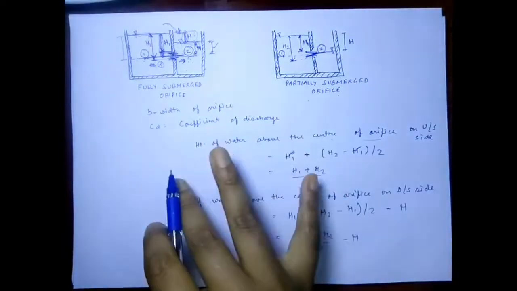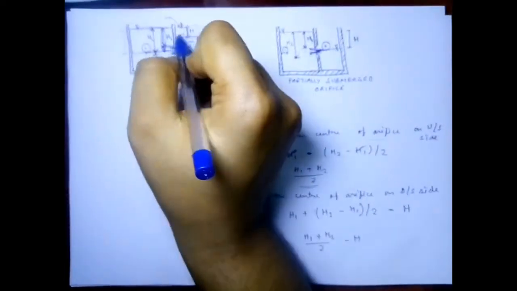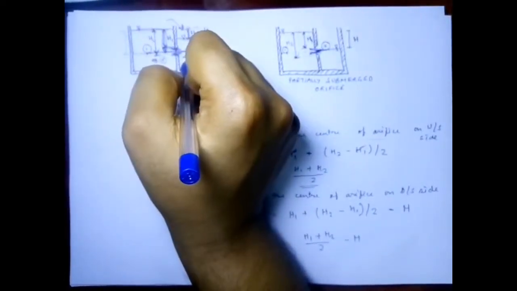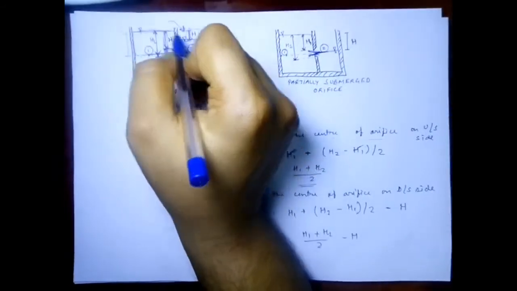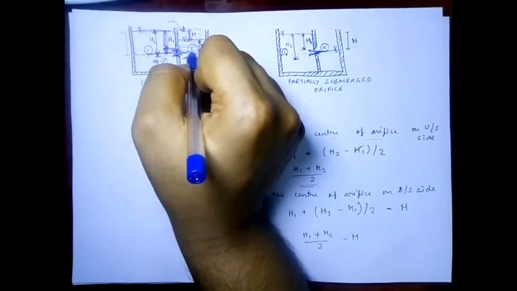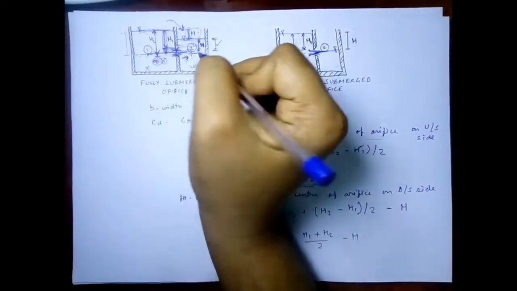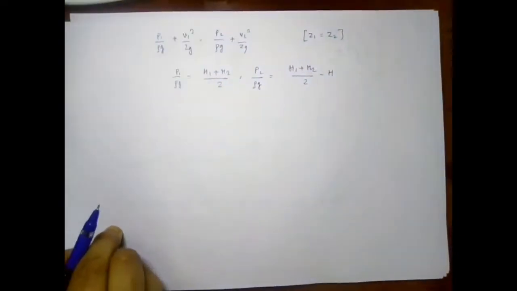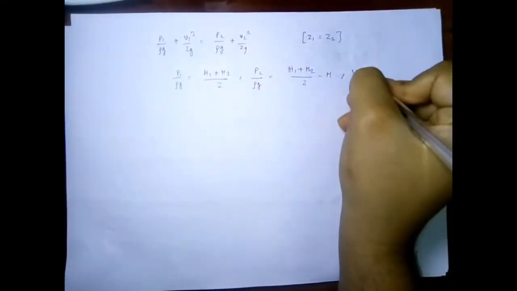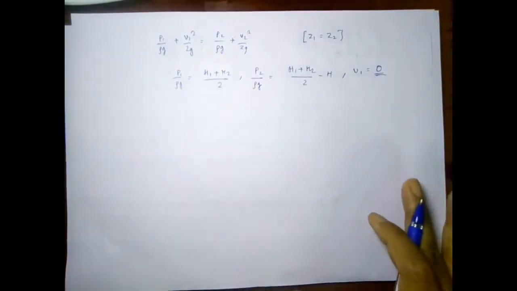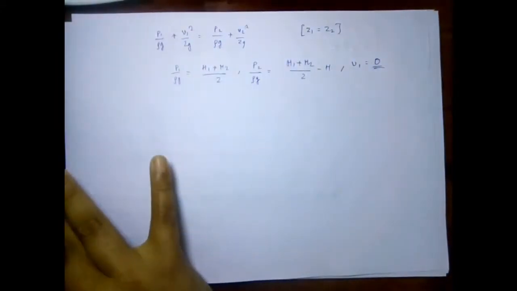It's obvious because if you just consider that this is a bucket and this was half empty and this was full, the water will be going this side. Of course you will not get any flow over here, you will get all the flow over here. So V1 will be negligible, that is equal to 0, and V2 will have some significance.